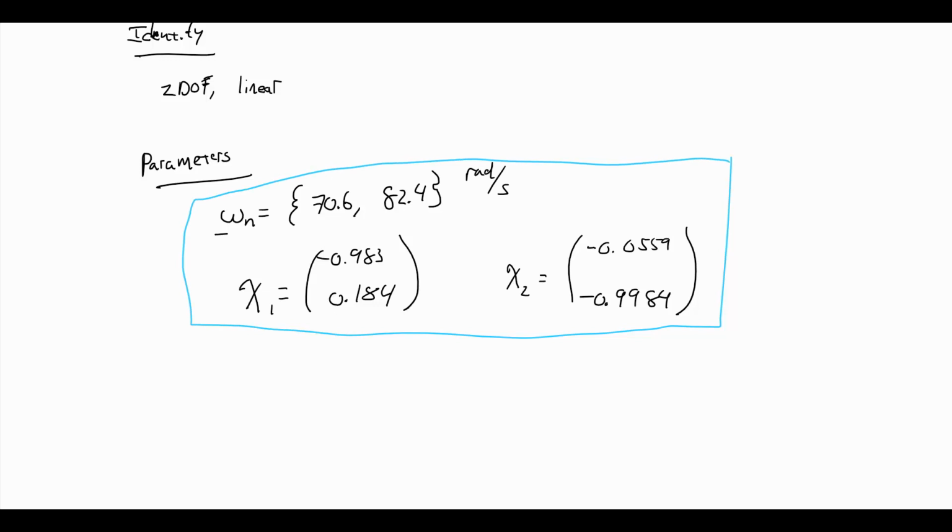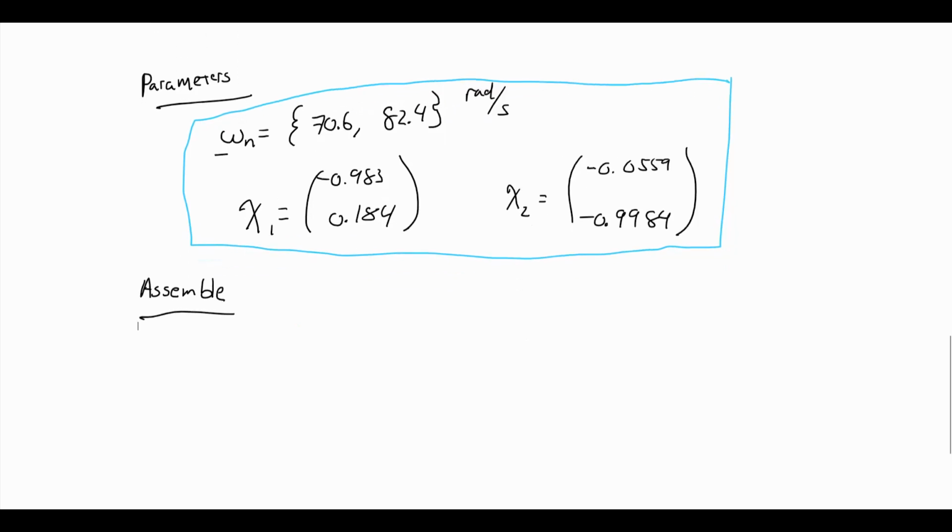But we can go one step further. Now we don't have initial conditions, but we can assemble what will be the start of our total solution. If we did know what the initial conditions were, we could go further.